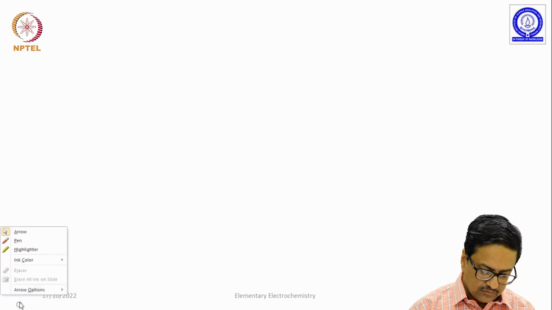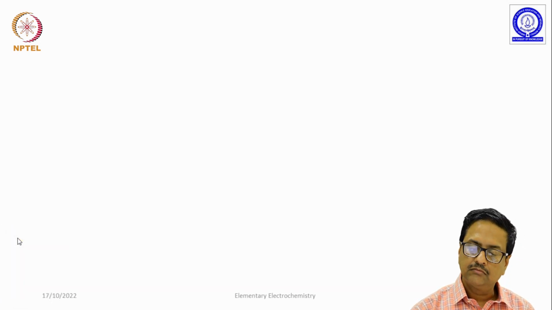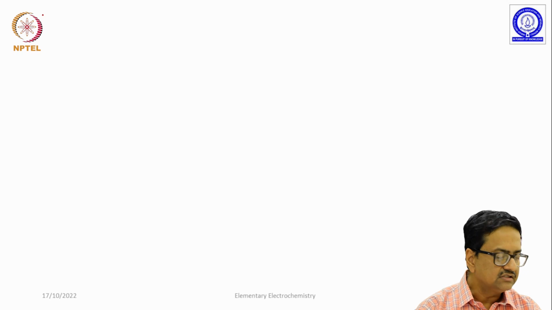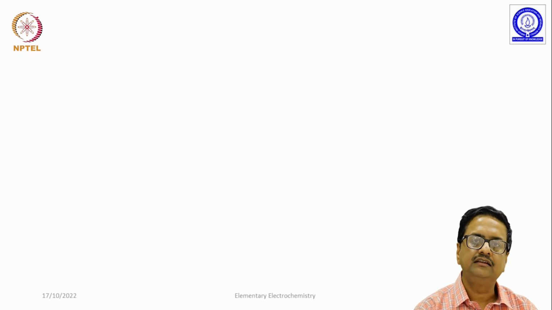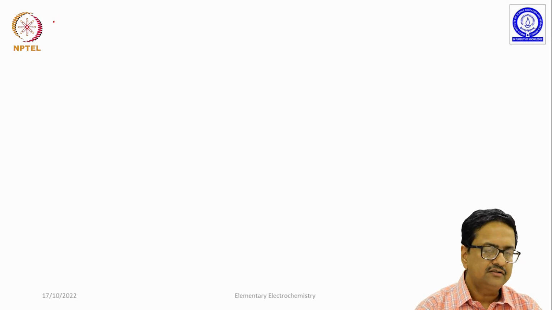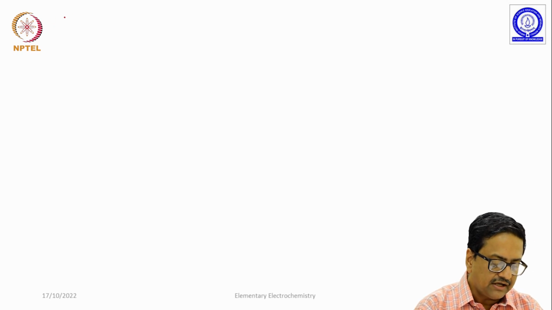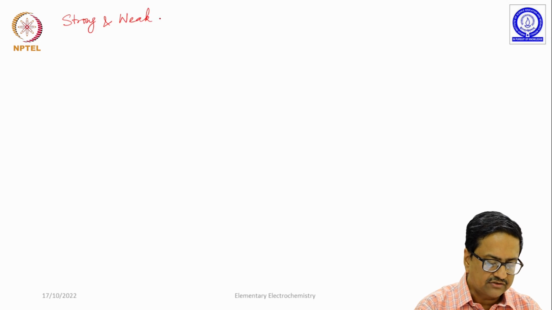So, while measuring conductivities of different solutions, Arrhenius was able to identify the electrolytes as two different types. So, he identified some electrolytes as strong and some as weak electrolytes.